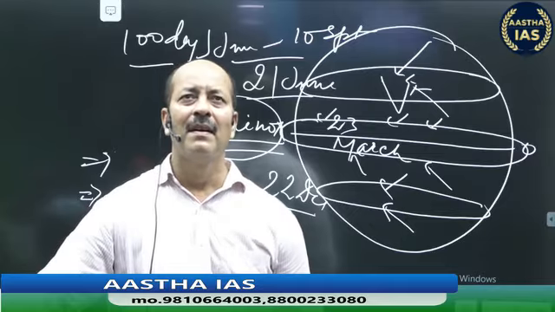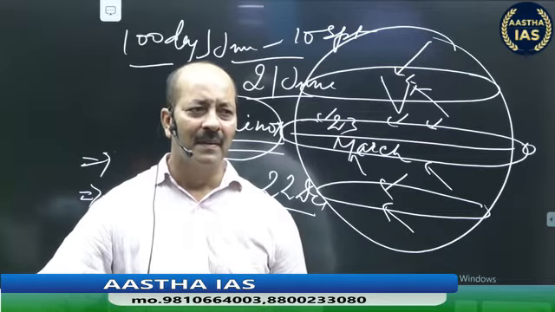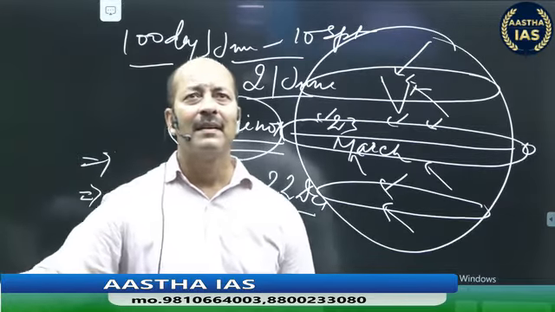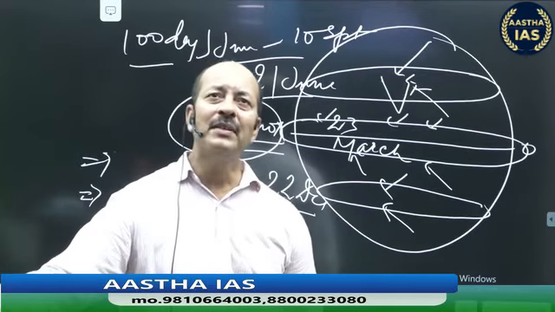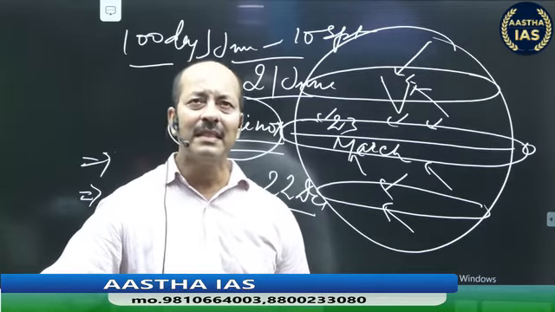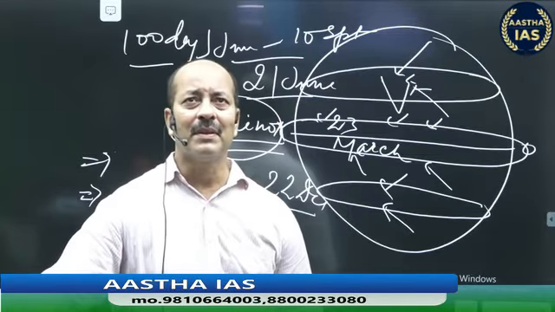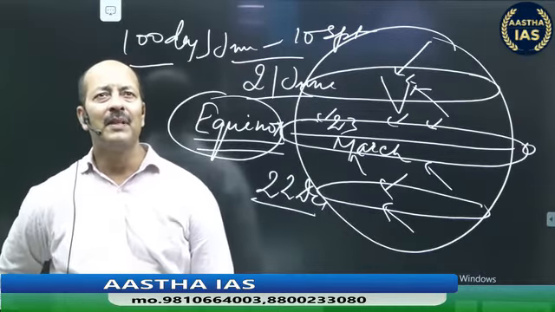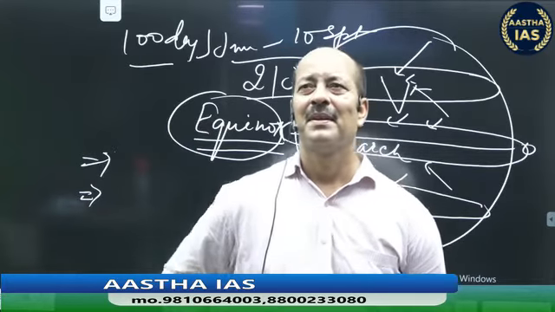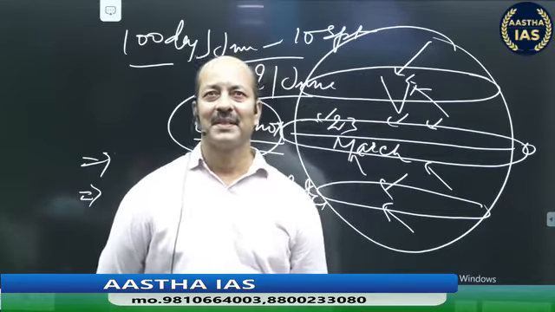Now the fourth point. In the end of the year, on 22nd of December, sun rays remain vertical on the Tropic of Capricorn.